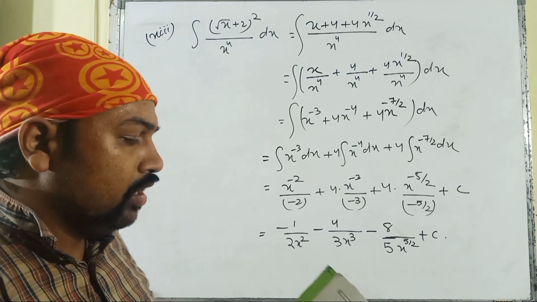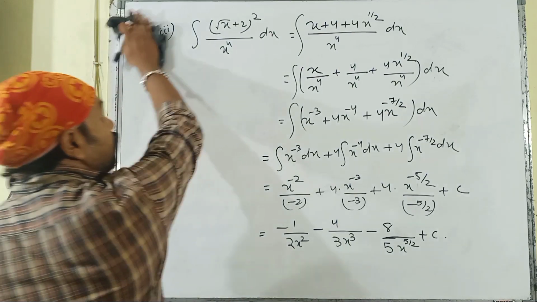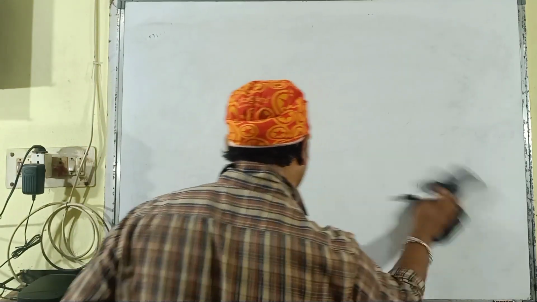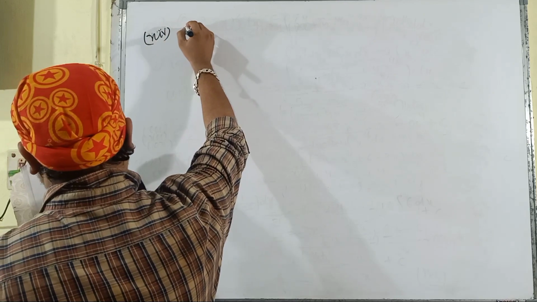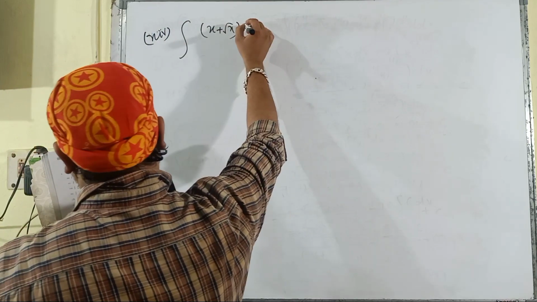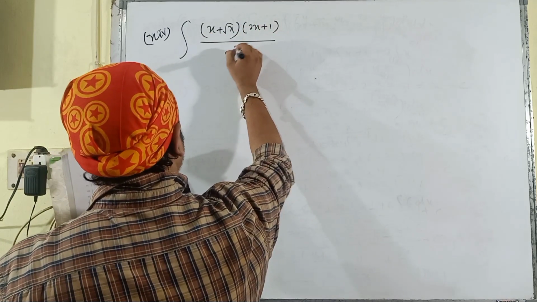Then let us go to the 14th part and the last part of number 1. (x + root x) multiplied with (2x + 1), whole divided by x square.